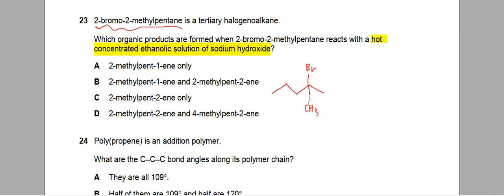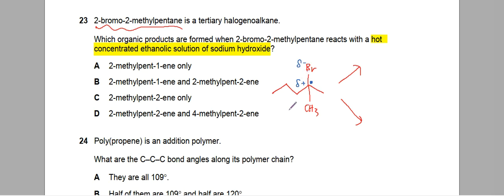So what will happen? Elimination will happen at this position here, because this is the active site. You have partial charges here, which makes this carbon center more reactive.